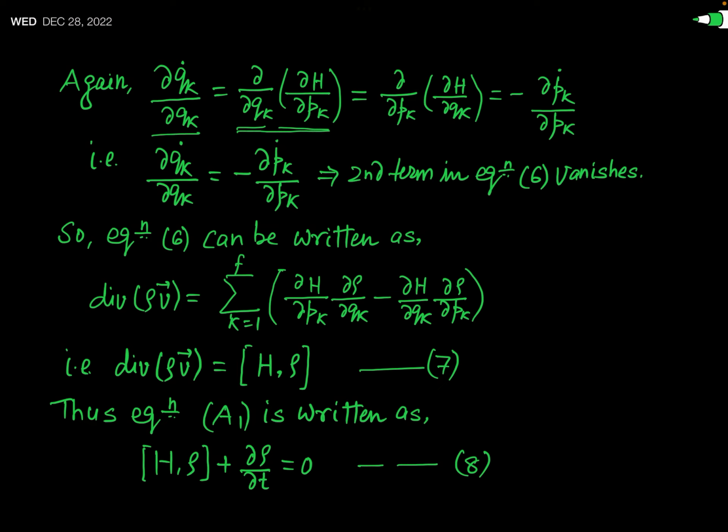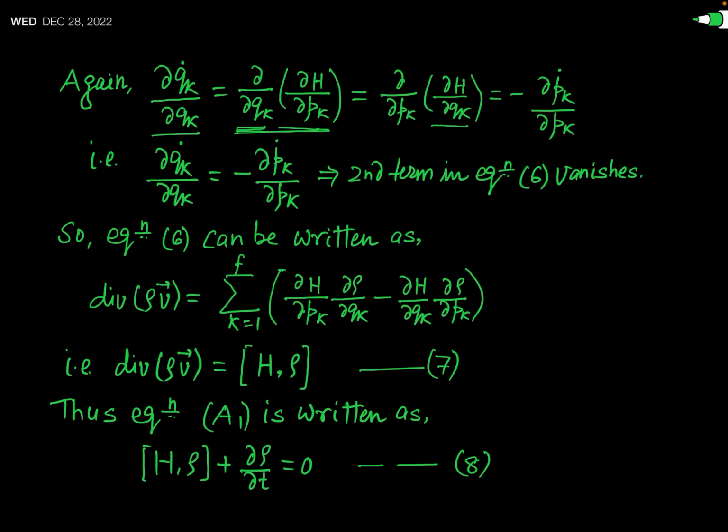In fact, according to this term, first of all we have to differentiate the Hamiltonian with respect to pk, and after that with respect to qk. But if you differentiate the Hamiltonian first with respect to qk and then with respect to pk, the result will be the same.